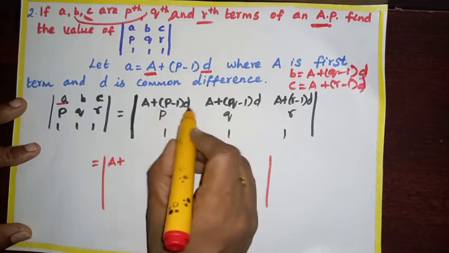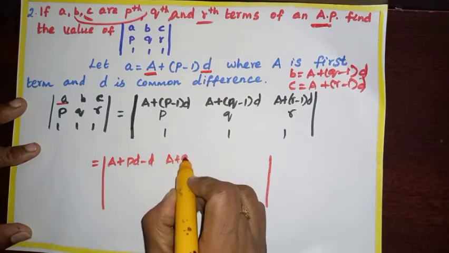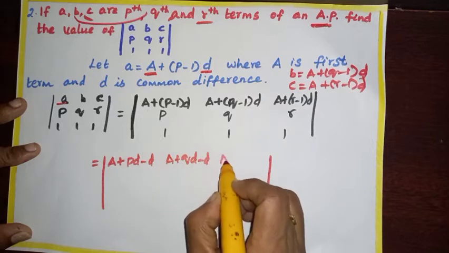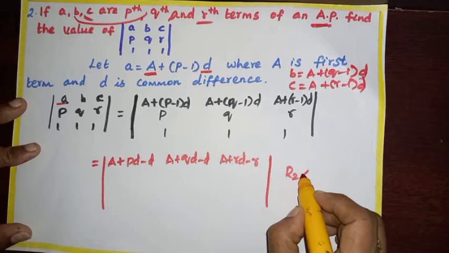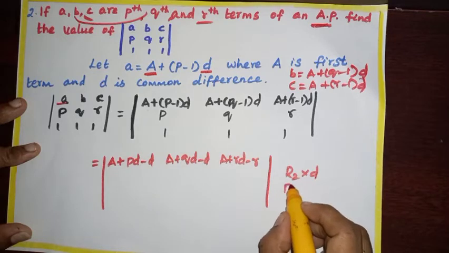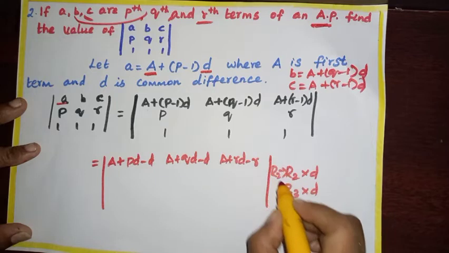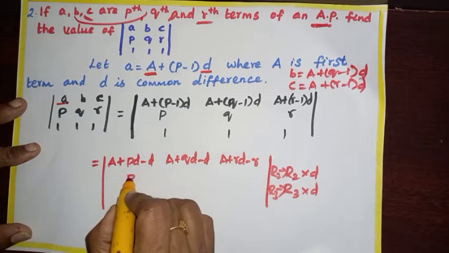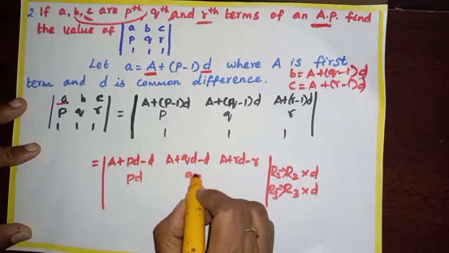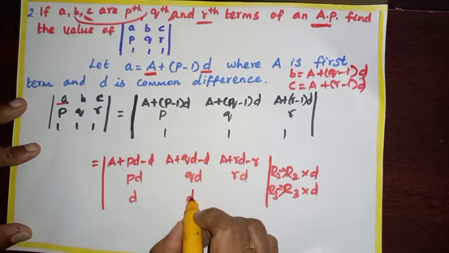A plus P minus 1 into D is PD minus D, A plus QD minus D, A plus RD minus D. Multiply second row with D, third row also with D. Then we have here PD, QD, RD, and third row is D, D, D.